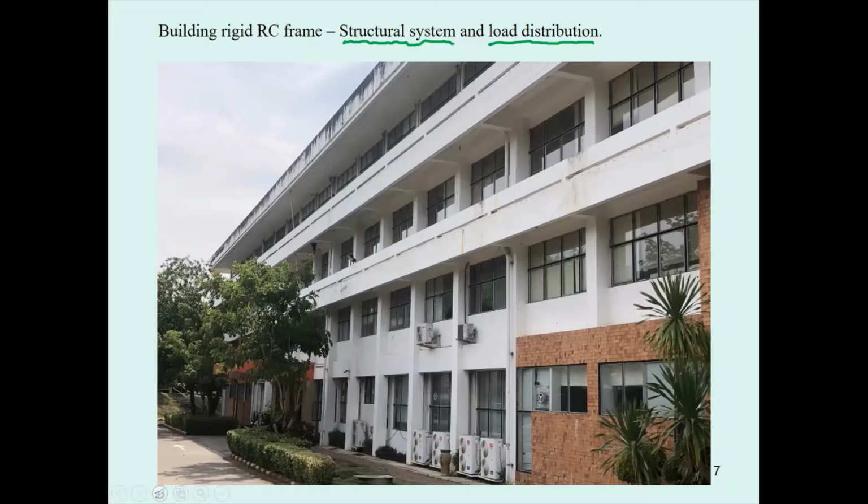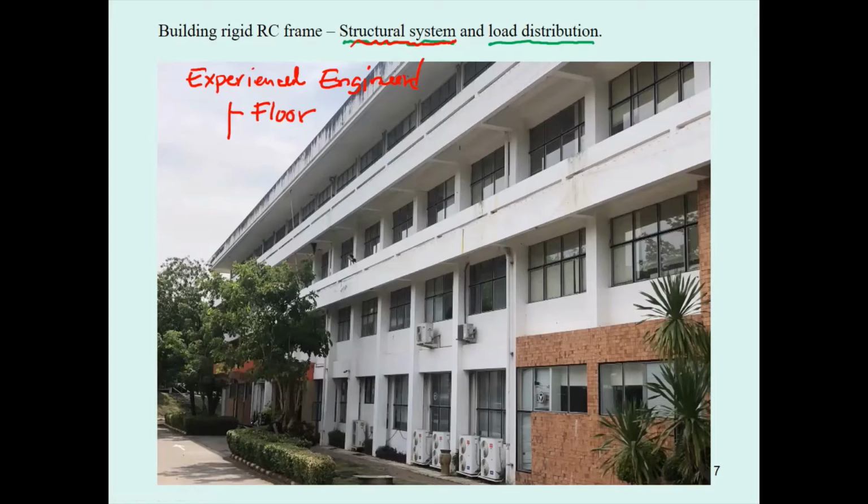But let me tell you, in the past, the experienced engineer, most of the time, when they work on this kind of complex structural system, they consider the structure in pieces. For example, they consider the floor.